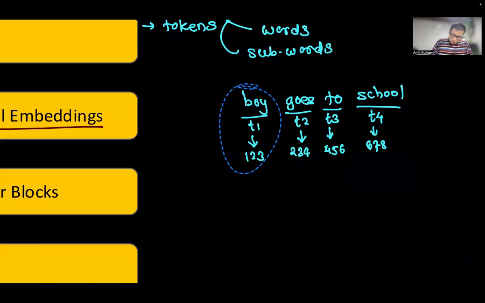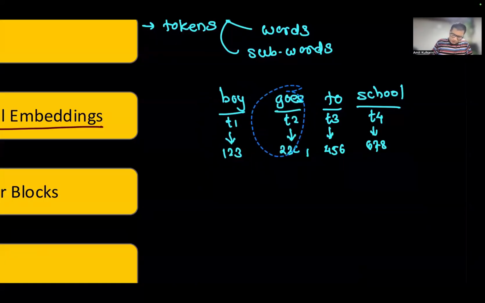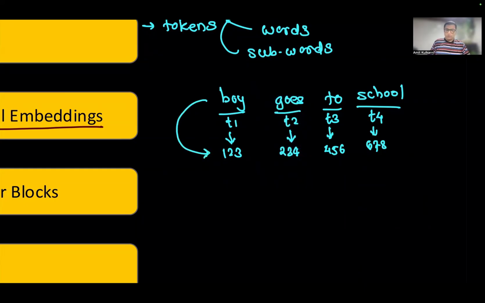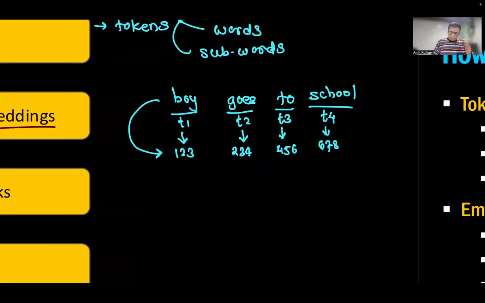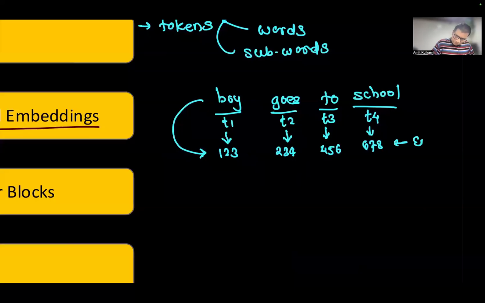Now, let us see the problem here. This is my tokenizer, which has converted the words into tokens, and those tokens got converted into embeddings. These are my embeddings for now. I'm not converting them into vectors right now, but this is called an embedding.